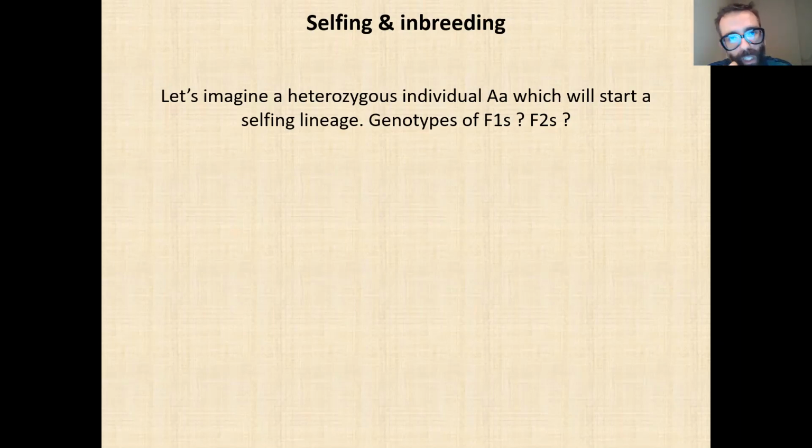So let's make the calculation here. Imagine that you have, to start with, one single individual, which is heterozygote for one locus, so a big A, small a. And as I said, it carries a mutation that allows him or her to be a selfer.